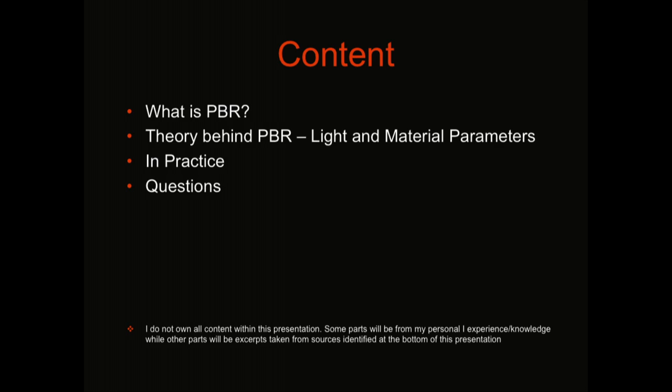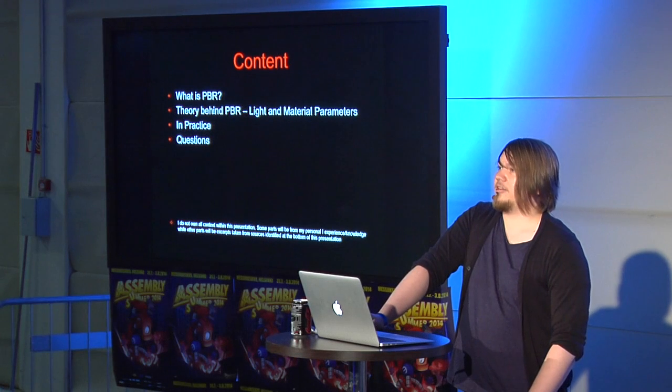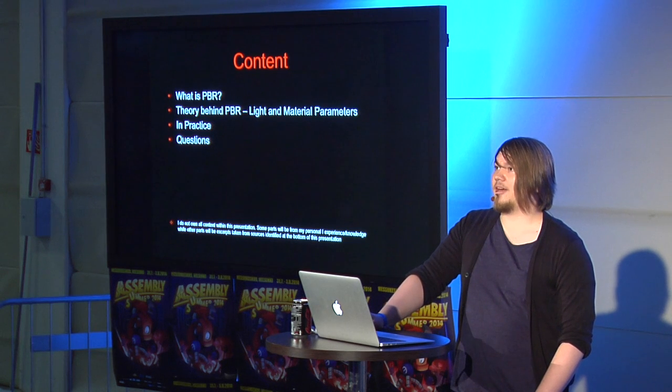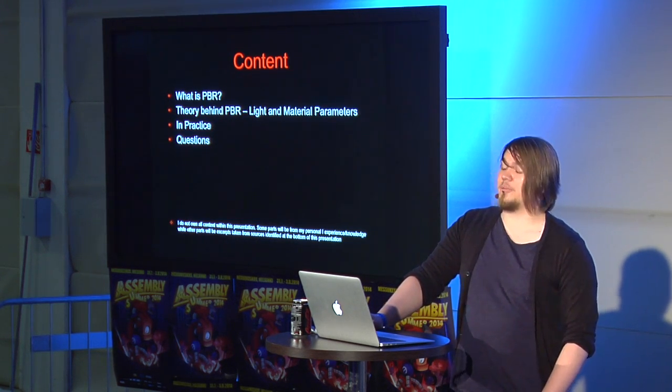I'll be talking about what happens when light hits an object or a surface, and explain some of the material parameters that you need to understand to create texture maps for physically based rendering systems. After that, there's the practice part. How does this knowledge translate to practice? And how do we actually create texture maps for physically based rendering systems? At the end of this presentation, there will be some time for questions. So if you have any, please hold them to the end of the presentation.